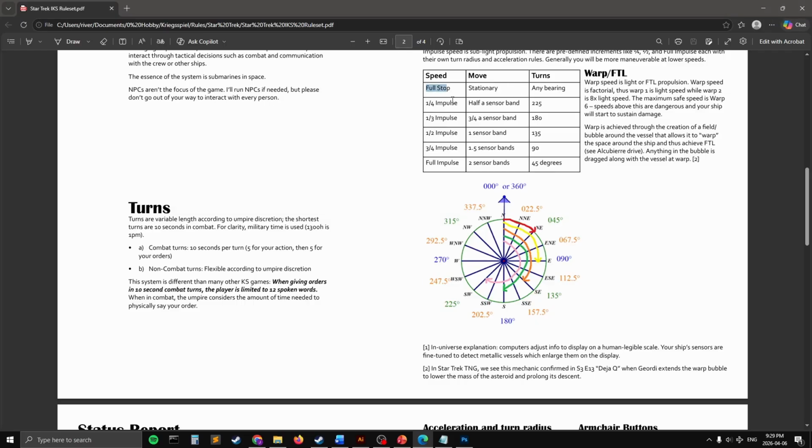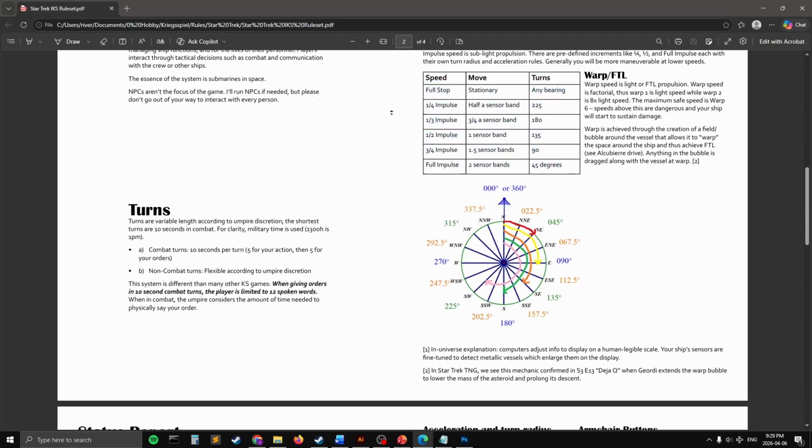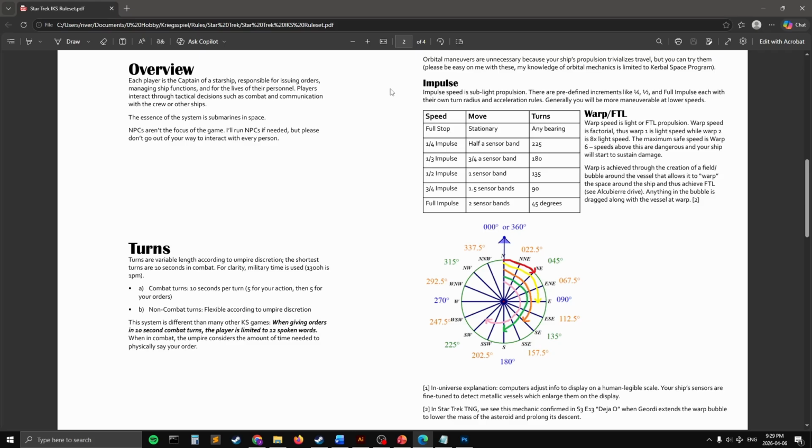Honestly, impulse as a whole is just kind of a non-starter at this scale. I think the whole point of impulse is to act as an analogy for a quarter fast, half fast, full speed ahead sort of thing, you know, speeds from the Navy, right? That's what it's trying to replicate.